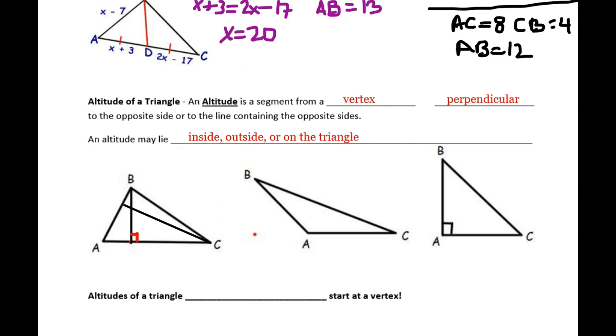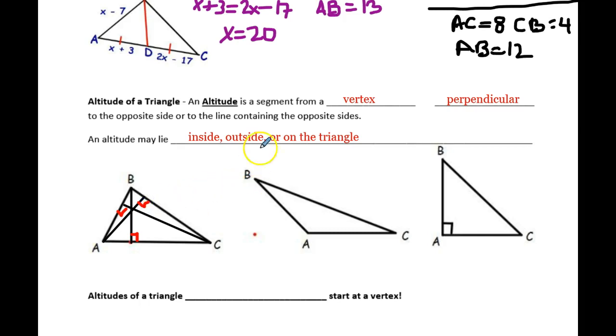And like I said in our little small groups, you can use the corner of a piece of paper to make sure that you're perpendicular. And then let's draw this third altitude perpendicular to the opposite side. Okay?